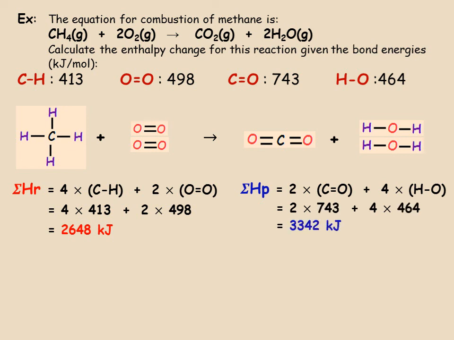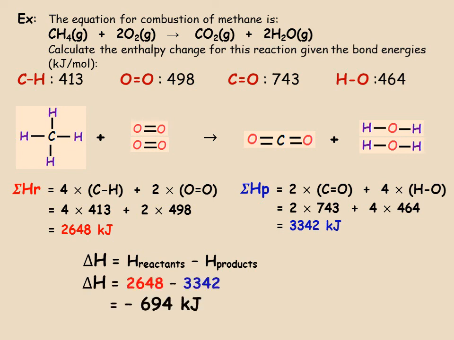Substitute their respective values and you get 3342 kilojoules. When you substitute the total energy of reactants and products in the formula, H reactants minus H products, that is the enthalpy, right? So you get minus 694.